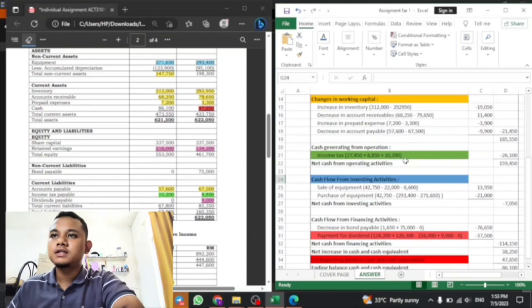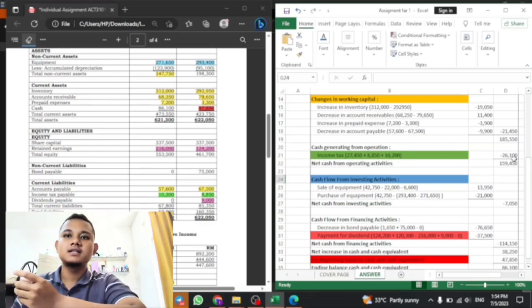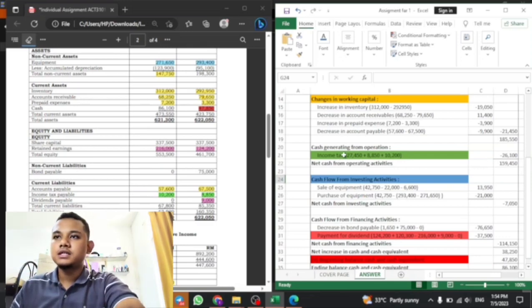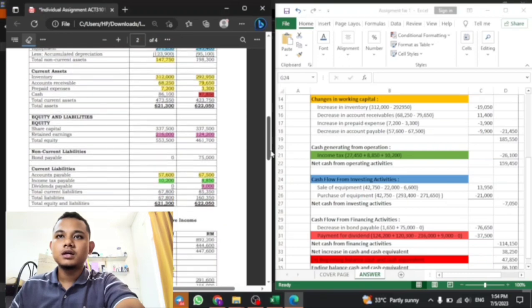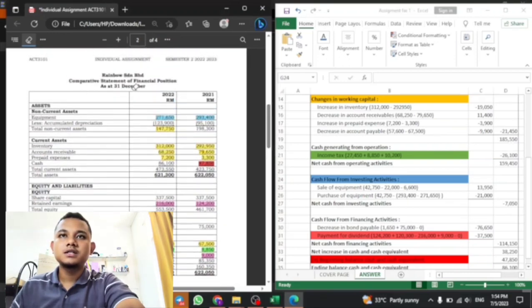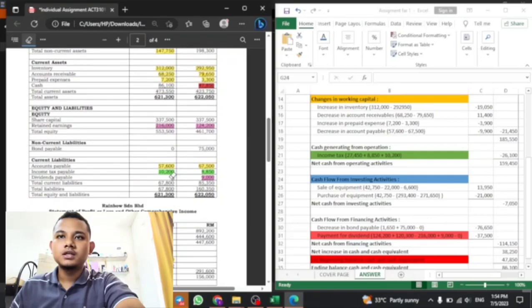Next, we go to the cash generated from operation. We got the income tax, which is RM26,100. How do I get this item? If we look at the comparative statement of financial position, for the year 2022, income tax payable RM10,200, and for the year 2021 8,850.